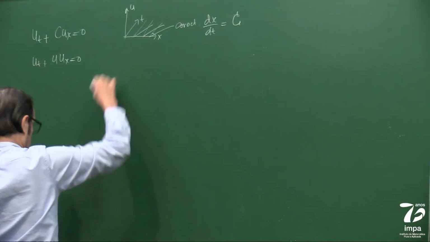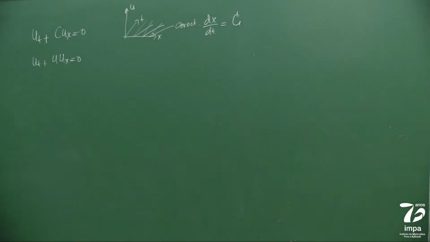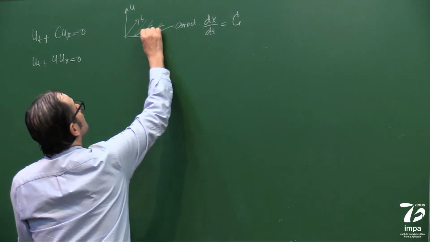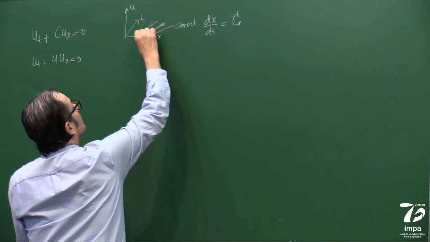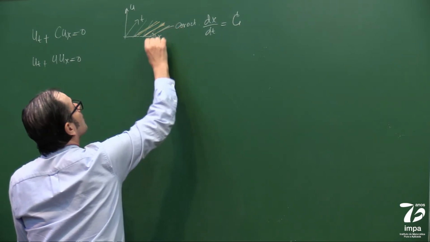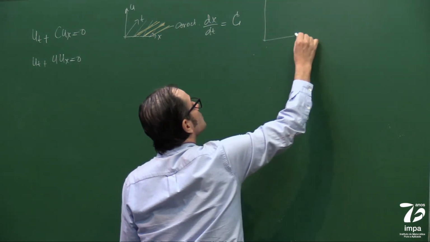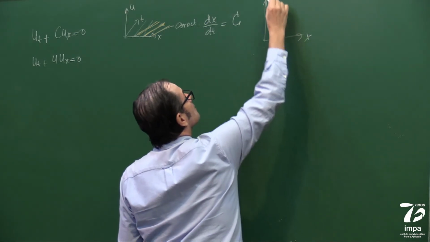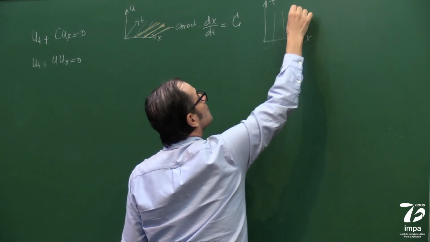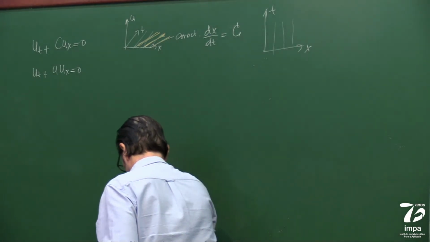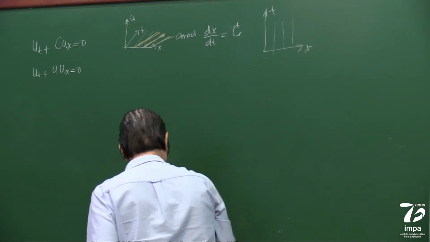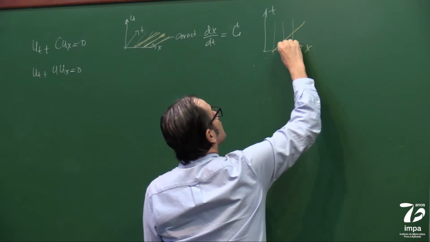And here maybe I should put a different color, so you can see this graph, which actually means this, just x, t, information is flowing like this.